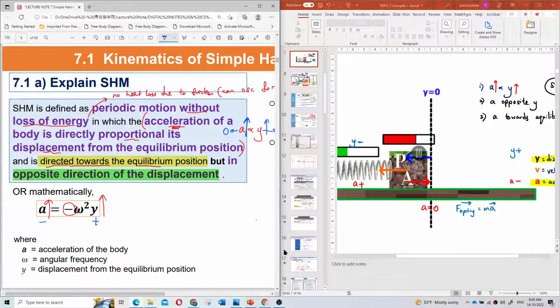Yes. And if displacement is negative, what is acceleration? Acceleration is positive, correct or not? Displacement is negative, so negative multiplied by negative, you get positive.